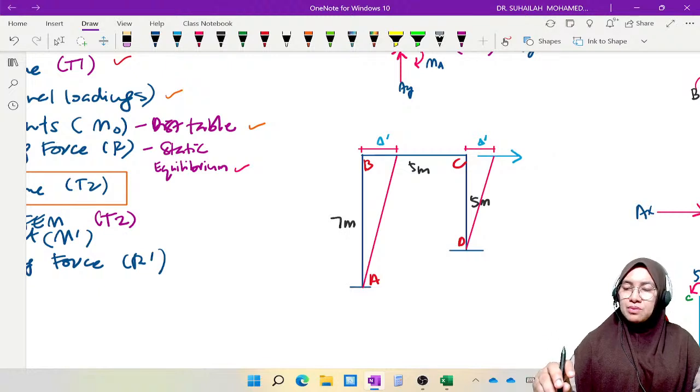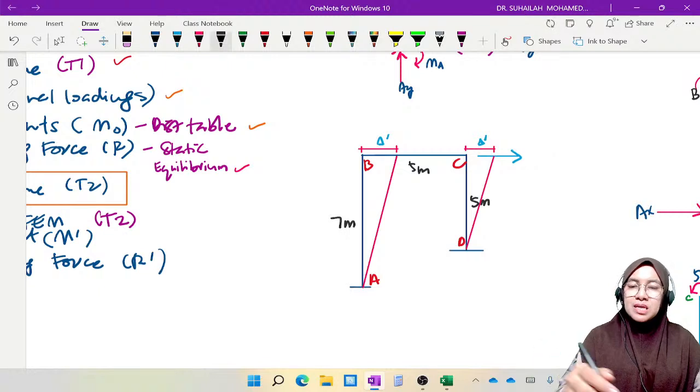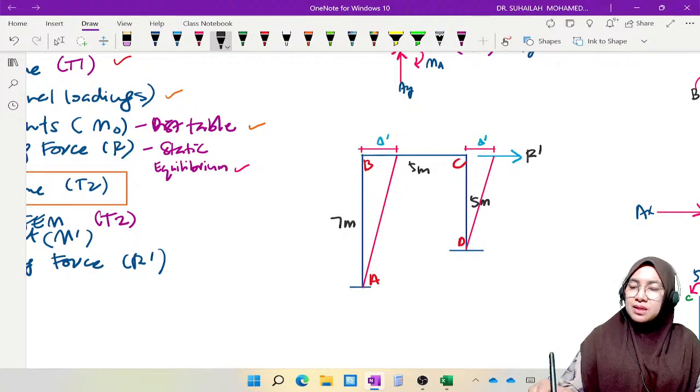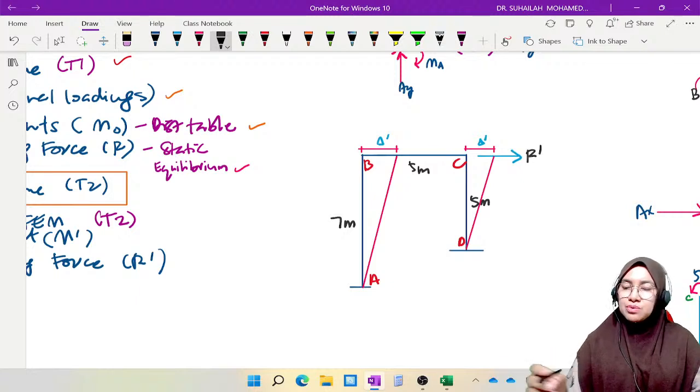We can see that the frame is subjected to R prime, so there will be delta prime, and we will produce a moment labeled M prime.